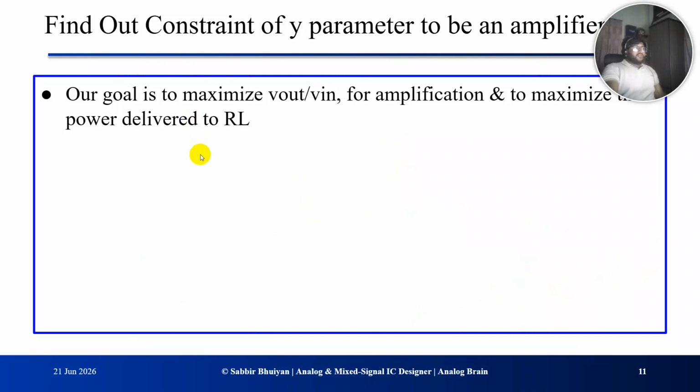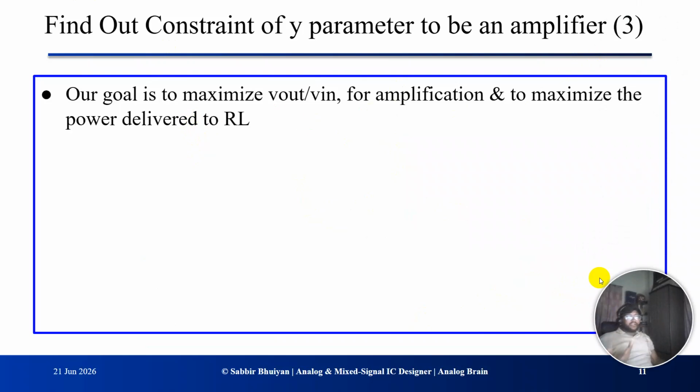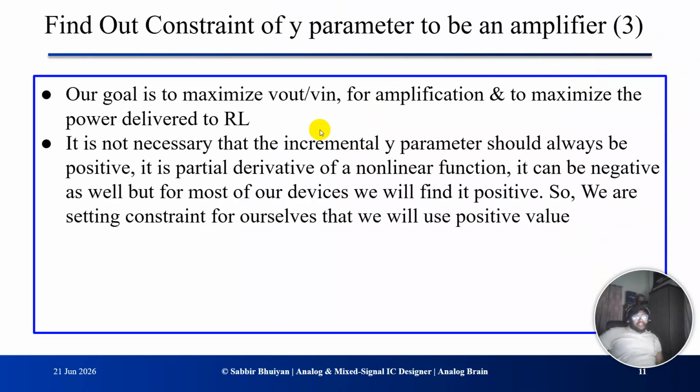Now our goal is to maximize V out by V in for amplification, and maximize the power delivered to RL. It is not necessary that the incremental Y parameter should always be positive. It is a partial derivative of a nonlinear function. It can be negative as well, but for most of our devices we'll find it positive.